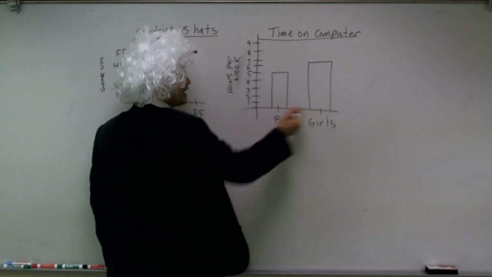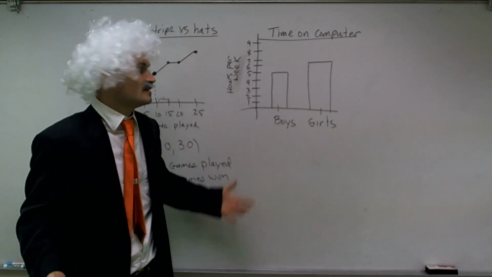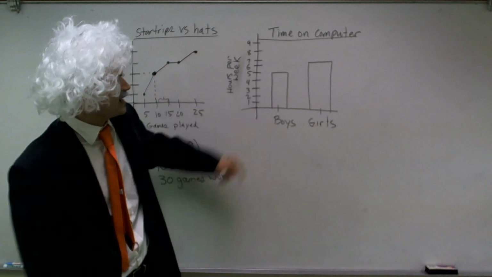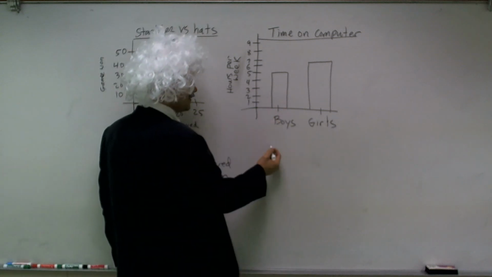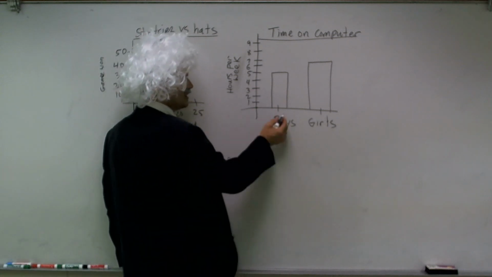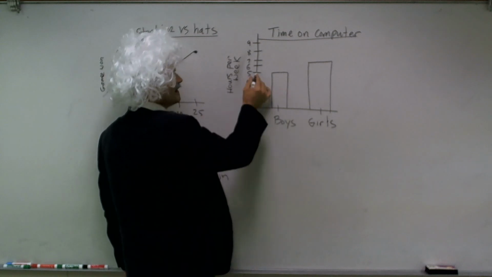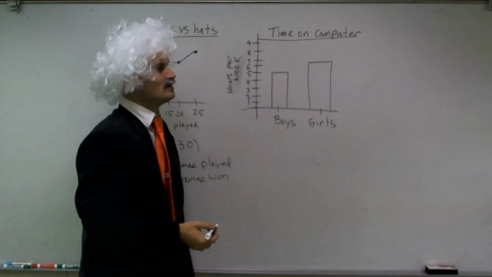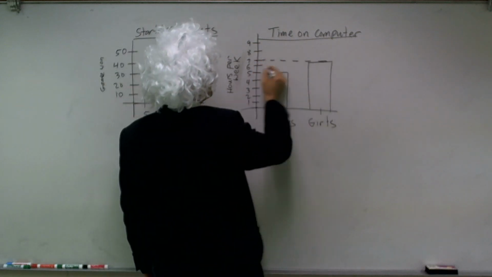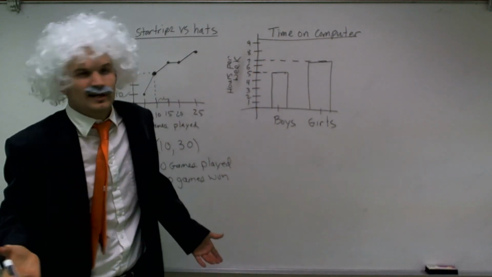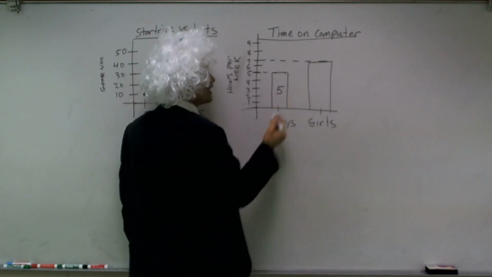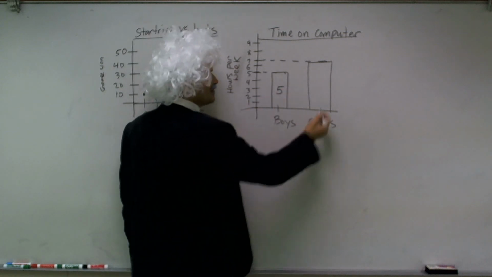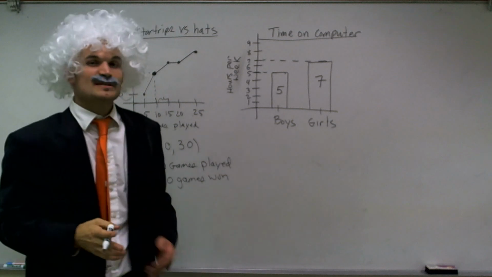Then on my x-axis is boys and girls. So when I read this, the time for boys would be 5 hours, and the time for girls looks like it's about 7 hours. Sorry, I made these up. So boys represented roughly 5 hours on the computer, and girls roughly 7 hours on the computer.